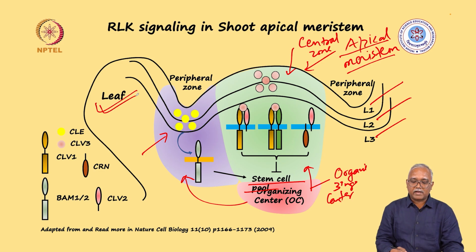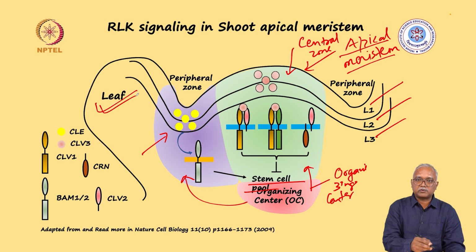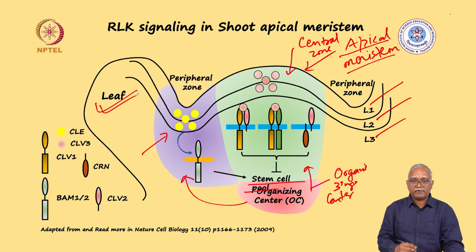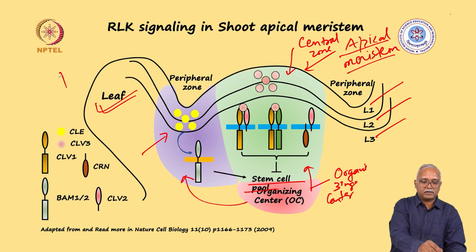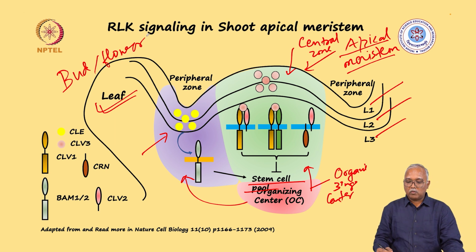Also, at some point, some of these peripheral zone cells may engage in a very distinct activity through these receptors and become a bud or flower.